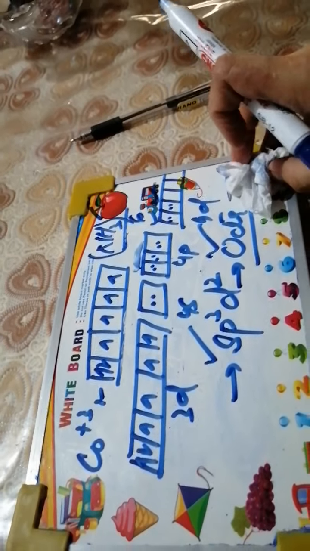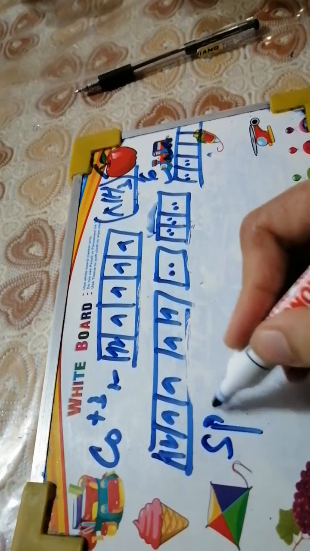And what else we will get through it: that it is a weak ligand and it's a neutral ligand. A neutral ligand affects the oxidation state of the metal, and a strong and weak ligand can pair up and cannot pair up the electrons of the metal ion, right? And one more thing, through VBT we can also calculate the spin quantum.